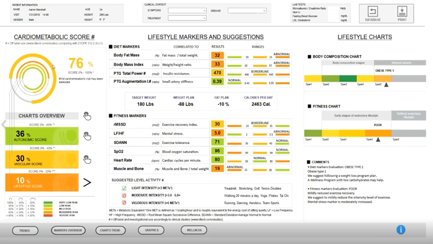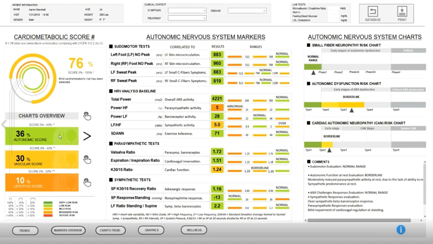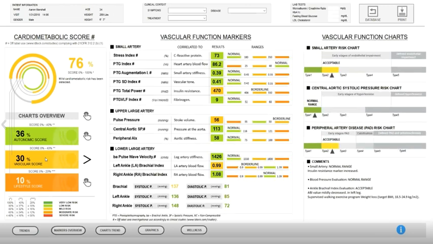So you can see that we have a pretty comprehensive device that includes a lot of different markers to help the doctor determine, A, if their patients are going into cardiovascular disease or diabetes, okay, with high accuracy based off of the tests, to determine if their patients are going into complications related to metabolic disorders, whether they have neuropathy, okay, whether they have vascular disease or problems with blood pressure.